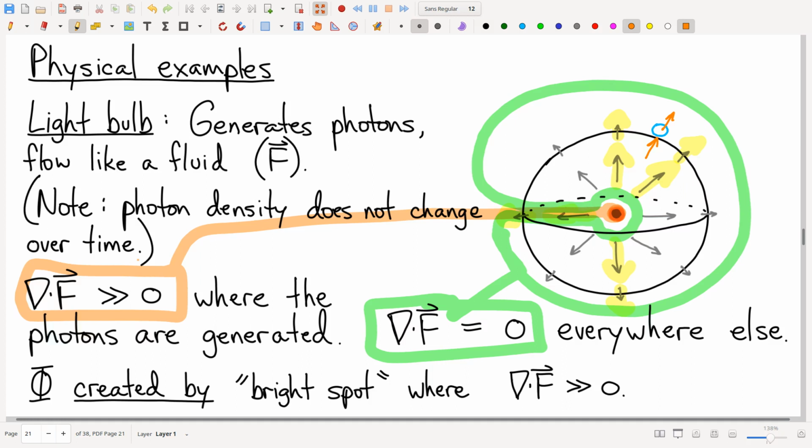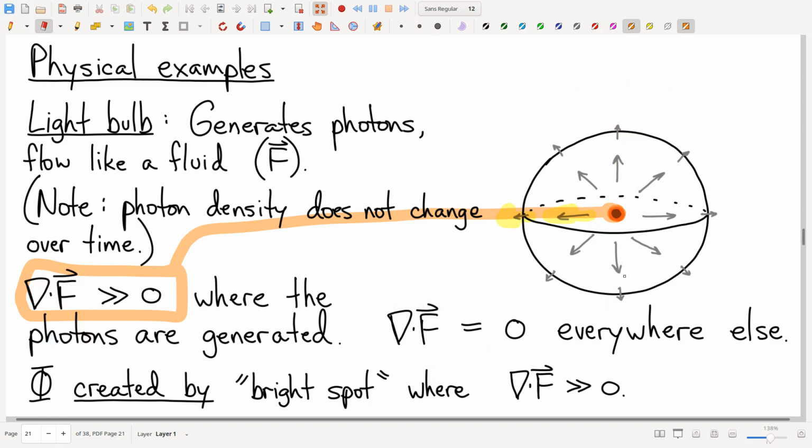And that, too, I claim makes sense, because if you're talking about flux per unit volume, let's look at a little small region containing the LED, a teeny tiny little purple sphere here.